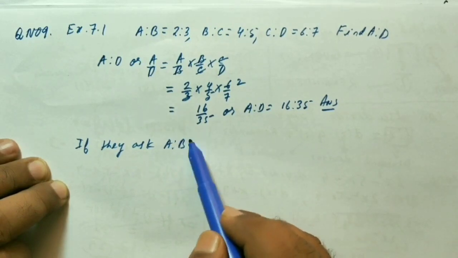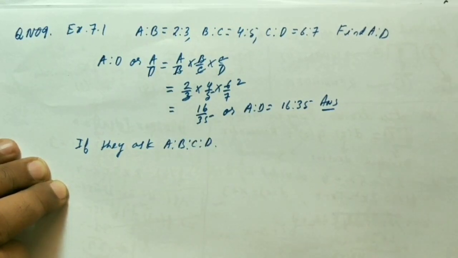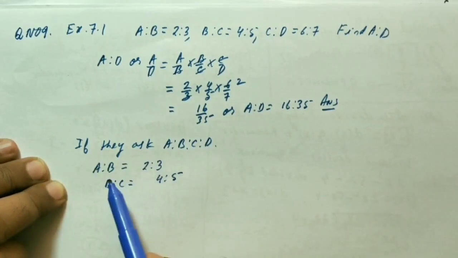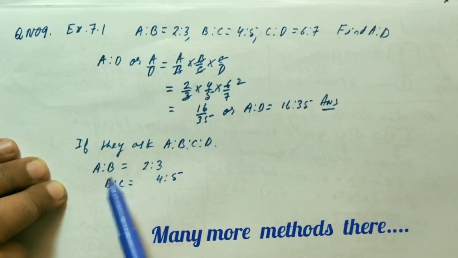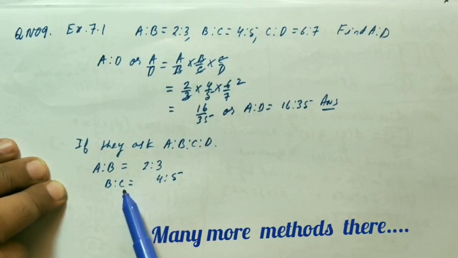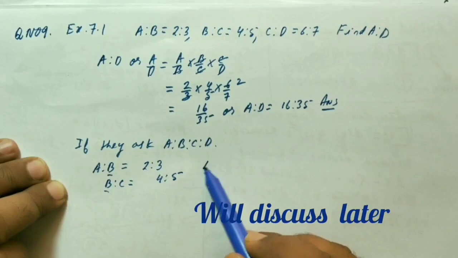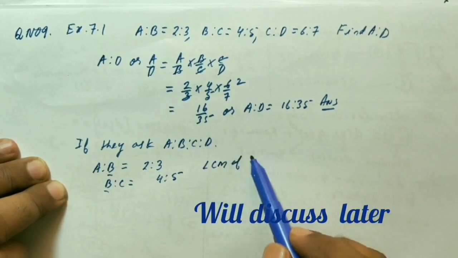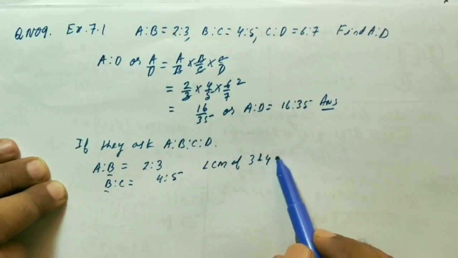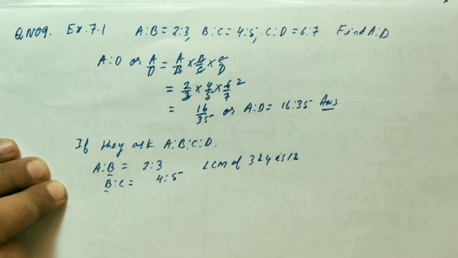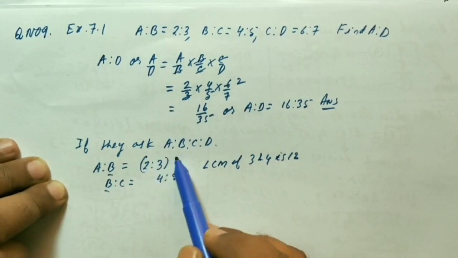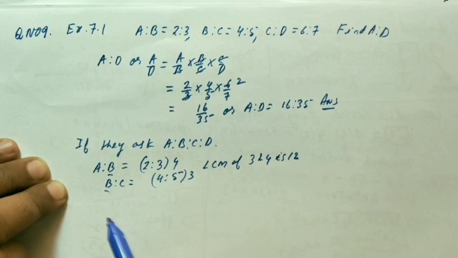But if they ask a is to b is to c is to d, then we have to follow a different method. A is to b is 2 is to 3, b is to c is 3 is to 4. So what is common here? B. So LCM of 3 and 4 is 12. So I have to make it 12. I'll multiply this with 4 and this with 3.